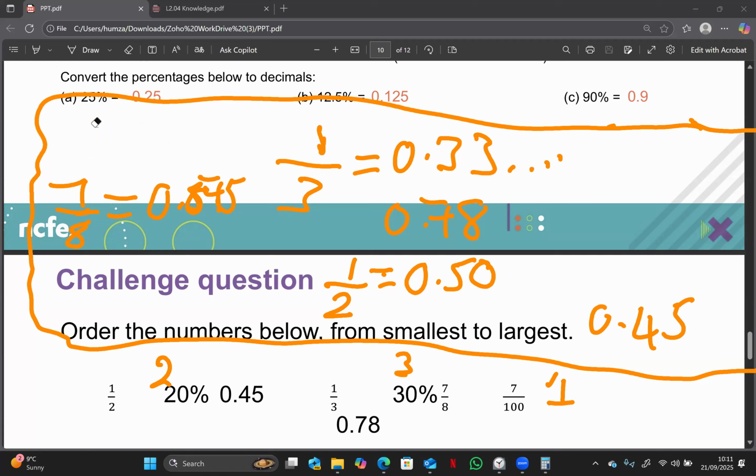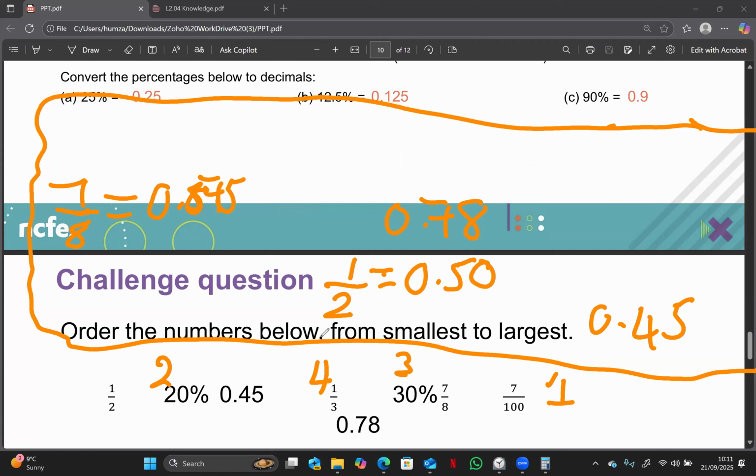No, there's a smaller one. 0.33. Do you get that? So what is that? It's 1/3. That's the fourth smallest.